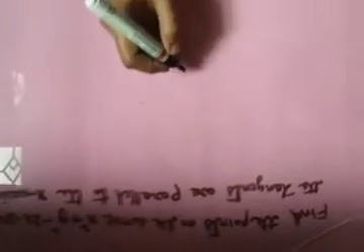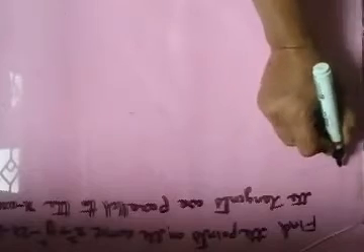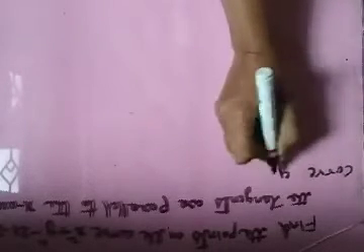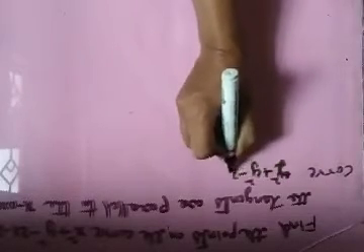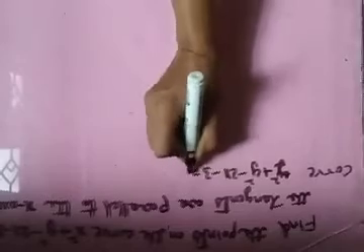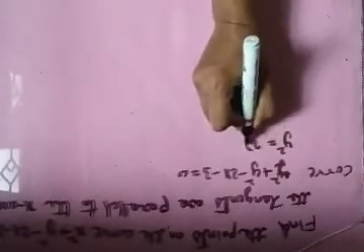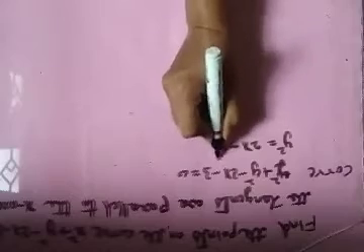Consider the curve. What is the curve? x square plus y square minus 2x minus 3 is equal to 0. So y square is equal to 2x minus x square minus 3.